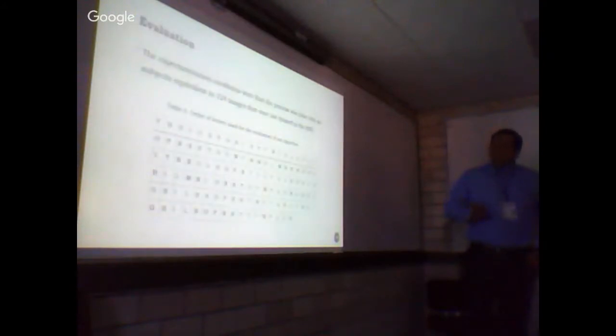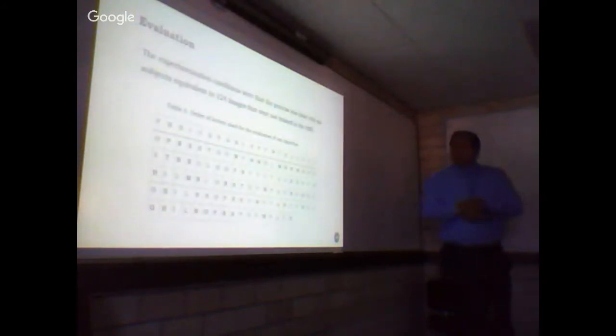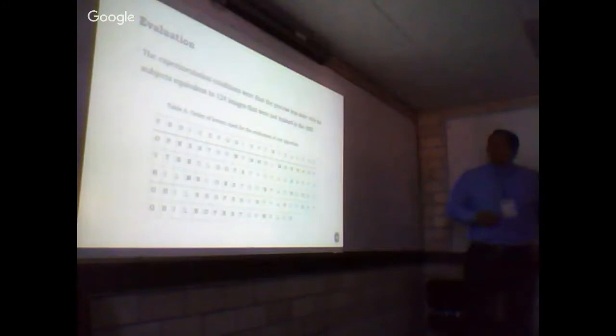The experimental conditions were that the process was done with 6 subjects, equivalent to 124 images that were not trained in the ANN. Table 6 shows all letters for the users in the evaluation.